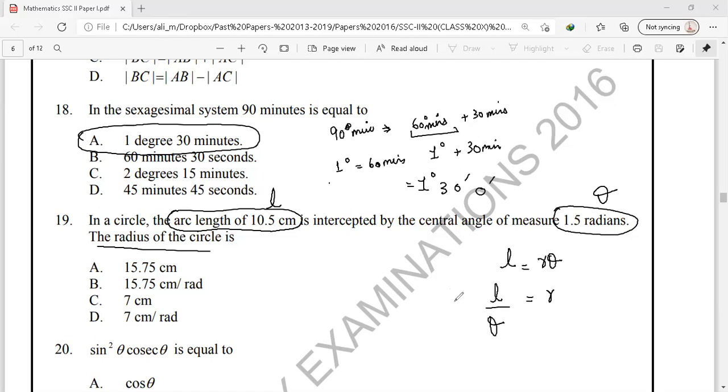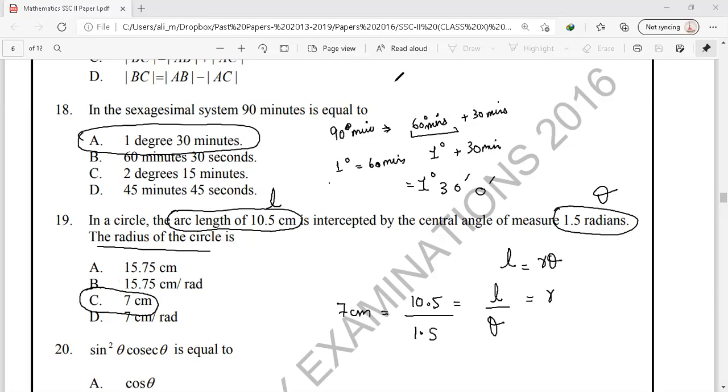The arc length is 10.5 centimeters and theta is 1.5. If we divide 10.5 by 1.5, we get 7 centimeters. So for question number 19, the correct option is option C.